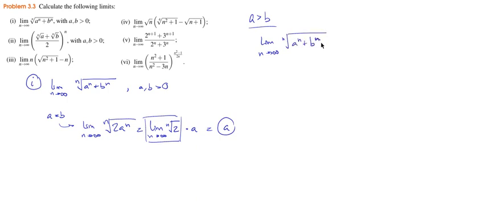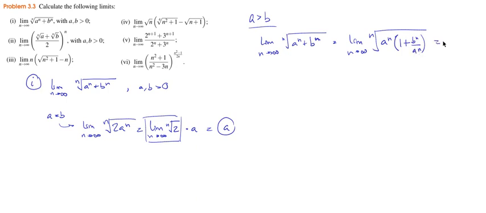Then I can take common factor a to the n, so we have the limit of the nth root of a to the n times 1 plus b to the n over a to the n. I'm doing this because b is smaller than a, and so this thing will go to 0.